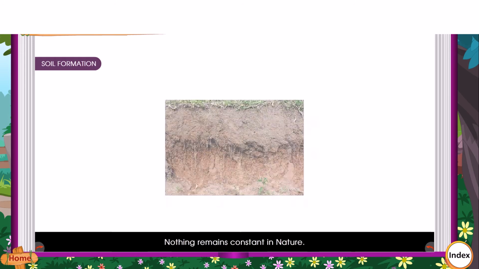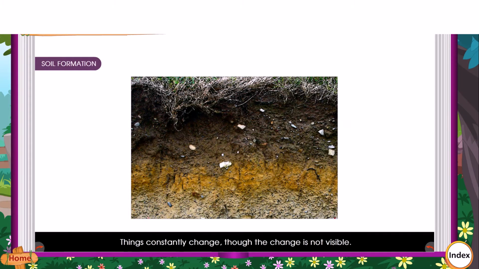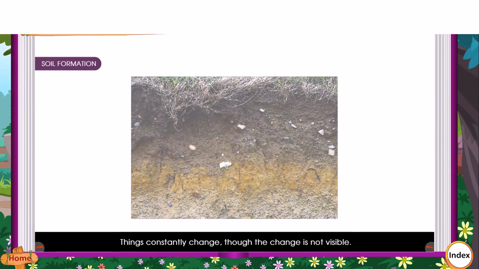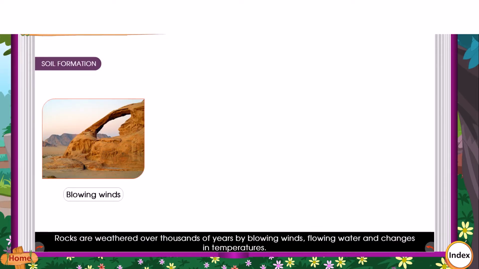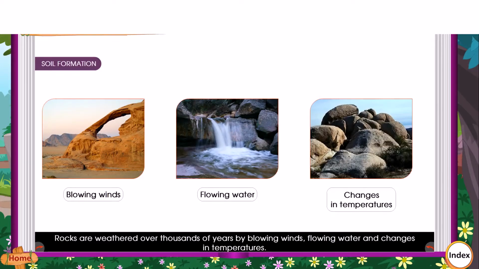Soil formation. Nothing remains constant in nature. Things constantly change, though the change is not visible. Rocks are weathered over thousands of years by blowing winds, flowing water, and changes in temperatures.